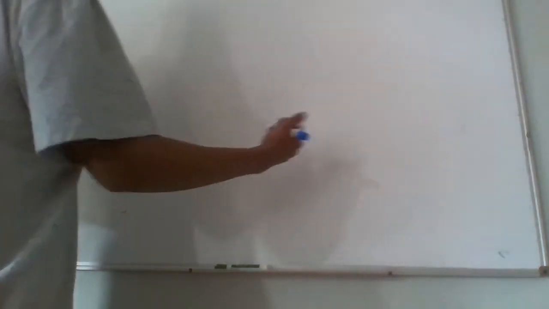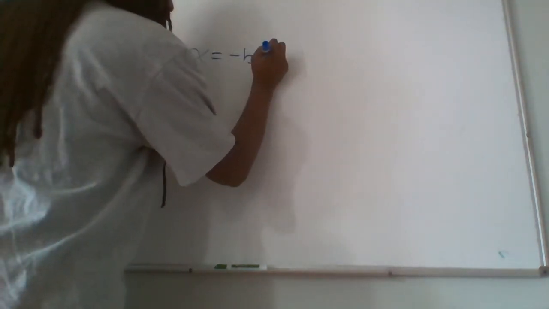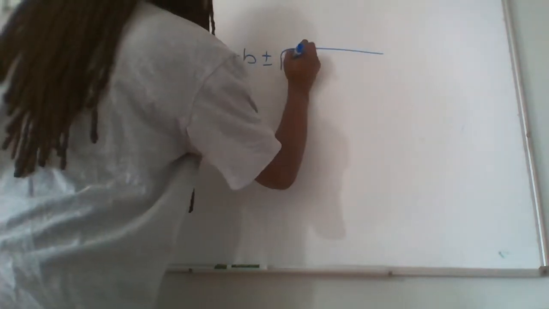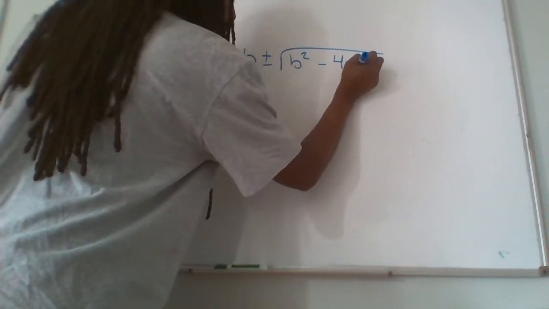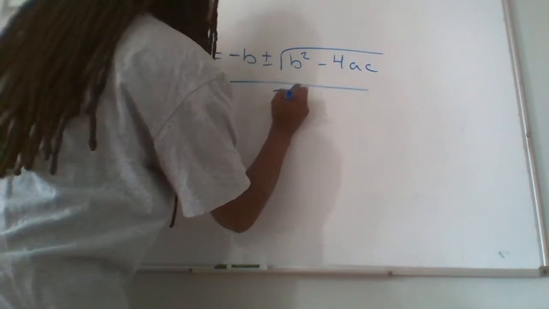Anyway, everybody knows the quadratic formula. X equals negative b plus or minus the square root of b squared minus 4ac, all over 2a.